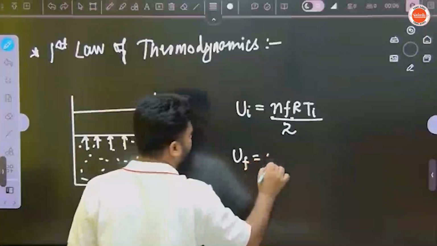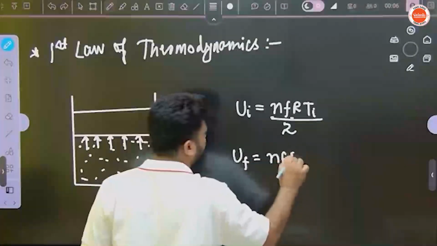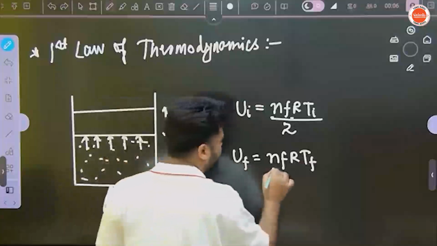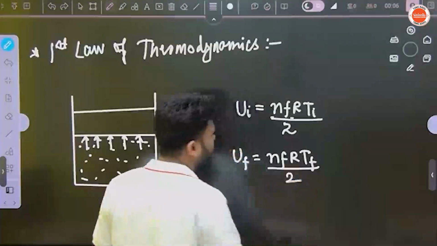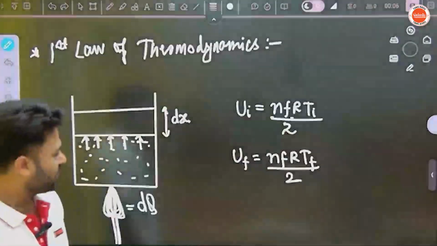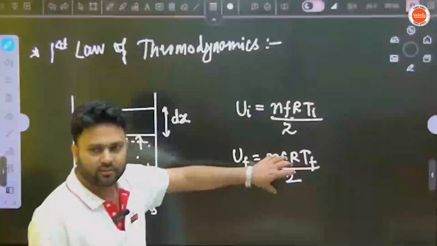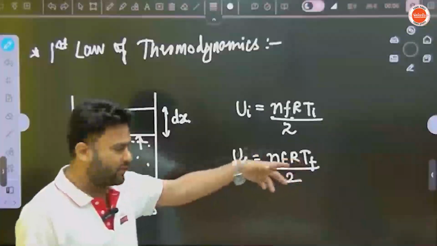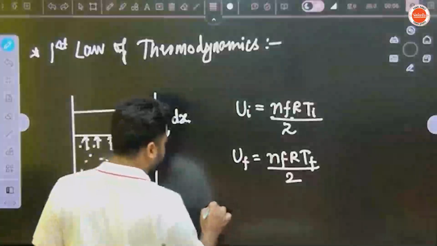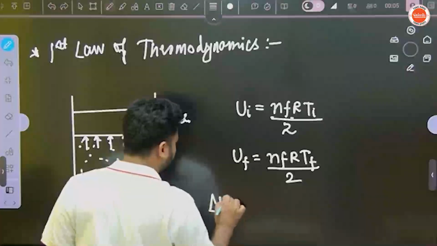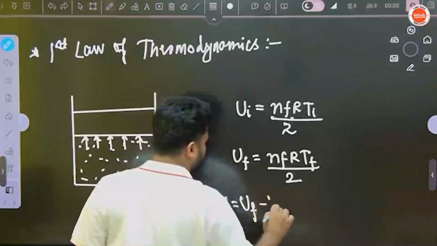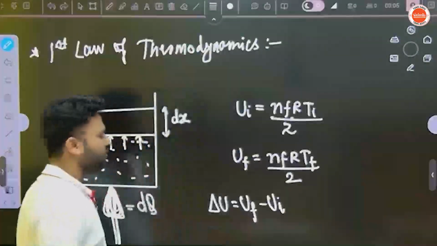So U final will be nCvT final, because it will get heated. Which is more, this or this? This is more, because now the temperature is high. Means we get delta U, which is final internal energy minus initial internal energy.